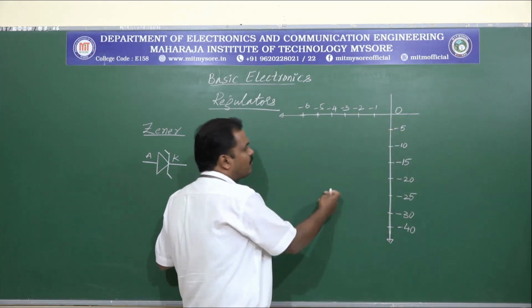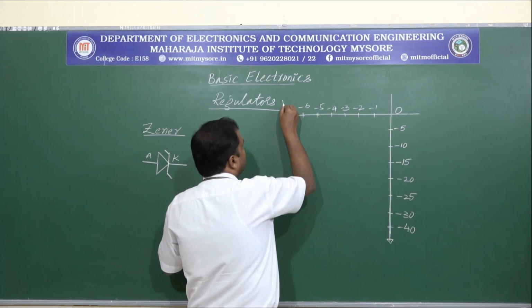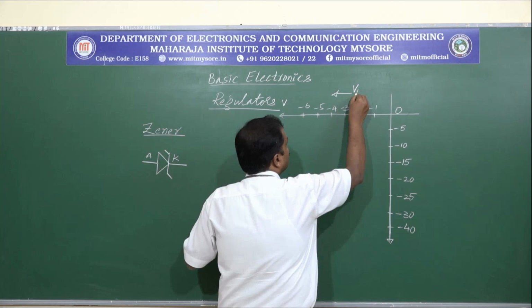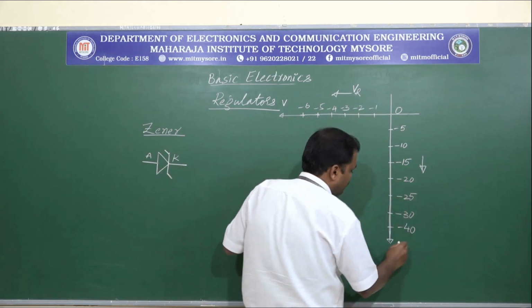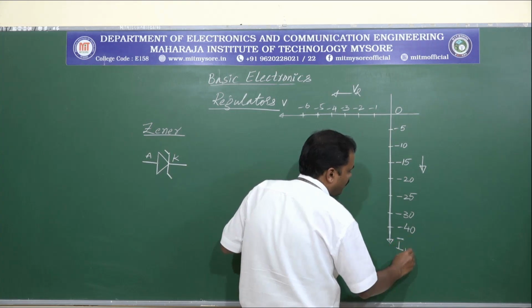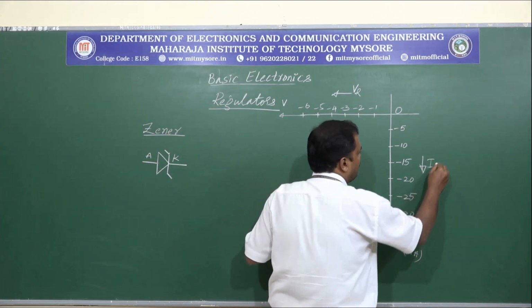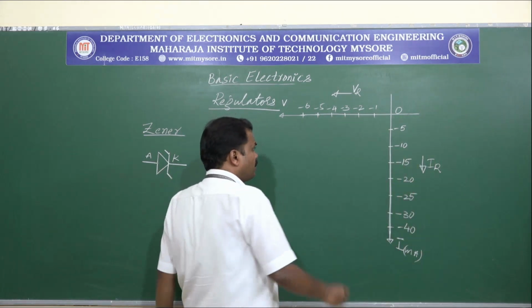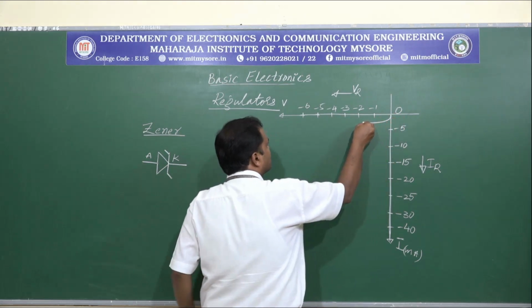This is the third quadrant, and the x-axis represents the reverse voltage, and the y-axis represents the current in milliamperes, the reverse current IR. So the reverse characteristics of a Zener diode look like this.